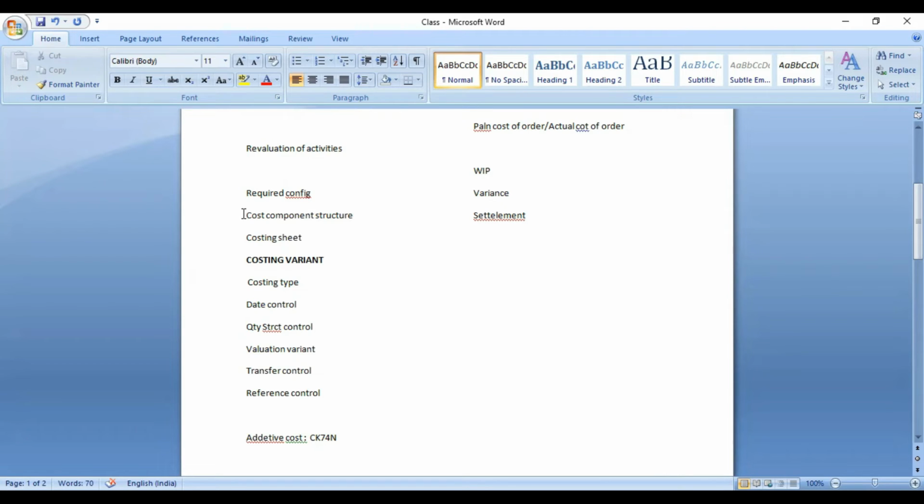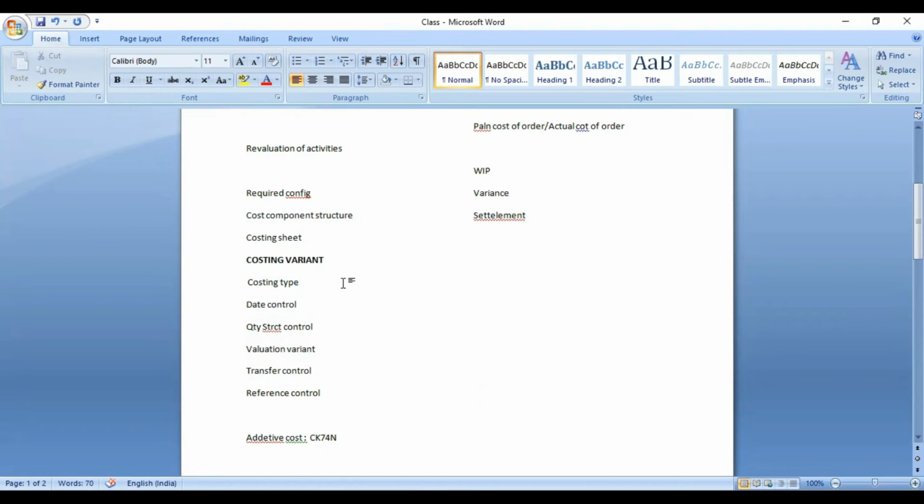Why am I repeating these two? Because we need to get habituated and familiar with the terminology. If you see costing sheet, cost component structure, costing, everything is costing, so we feel some confusion initially.